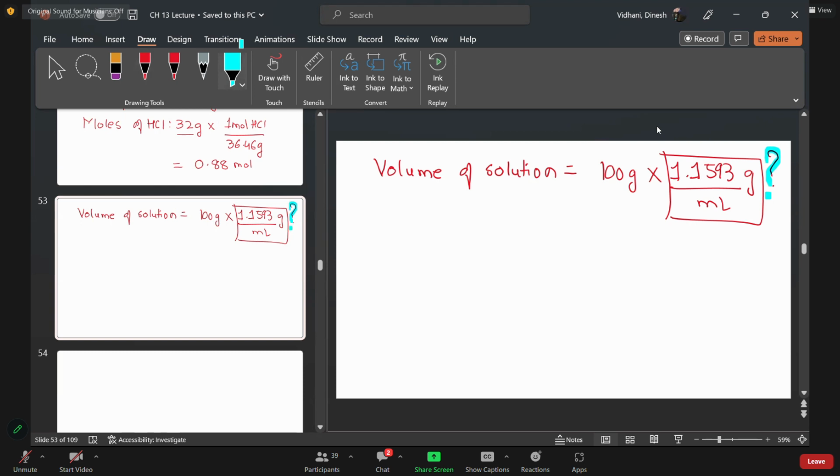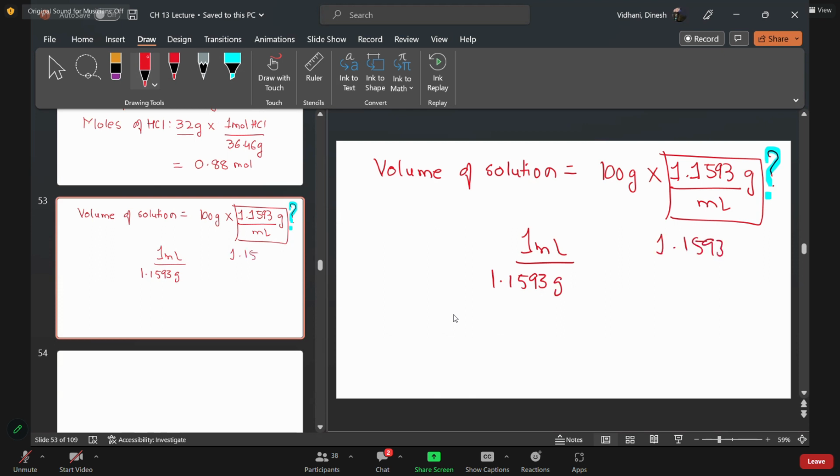Can I simply? No, should be the reciprocal. Exactly. It should be the other way around because you can use your density as a conversion factor. So that one will give you two conversion factors. One is going to be 1 milliliter divided by 1.1593 grams. And the second one will be 1.1593 grams divided by 1 milliliter.